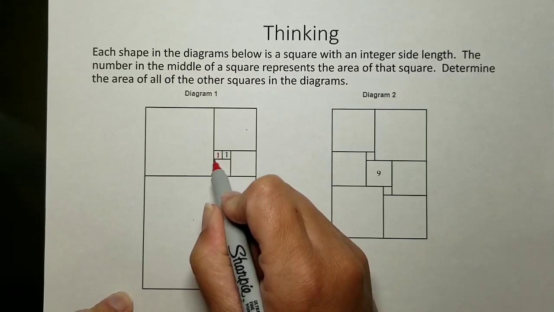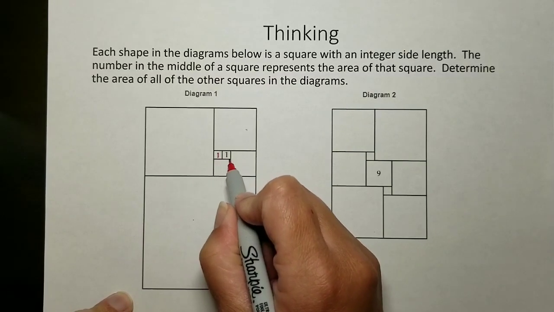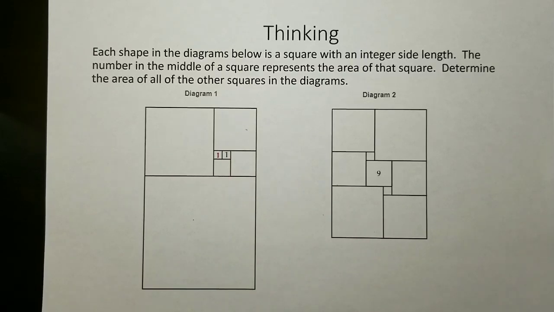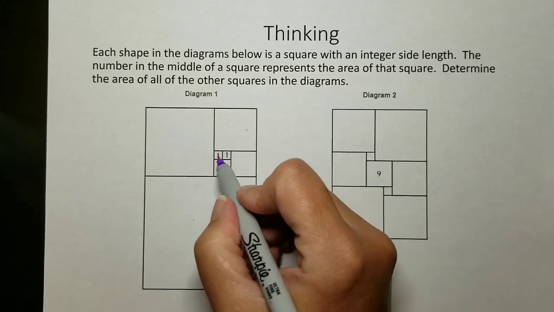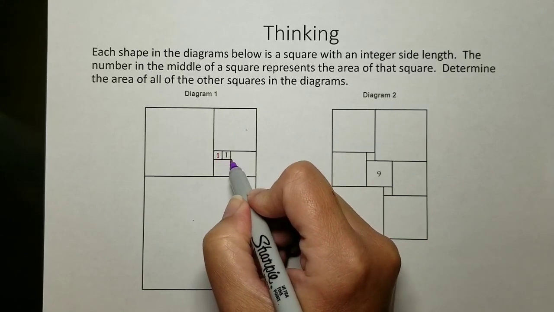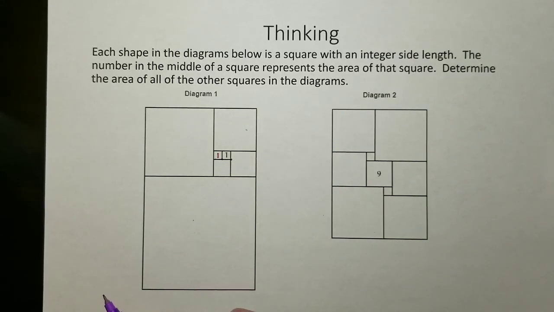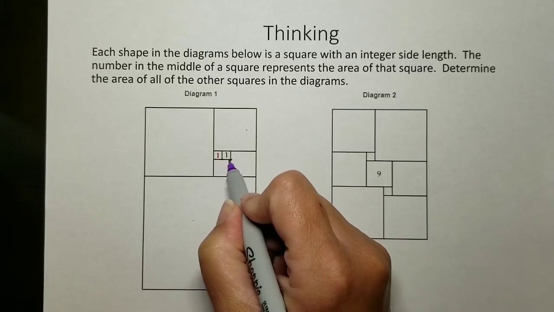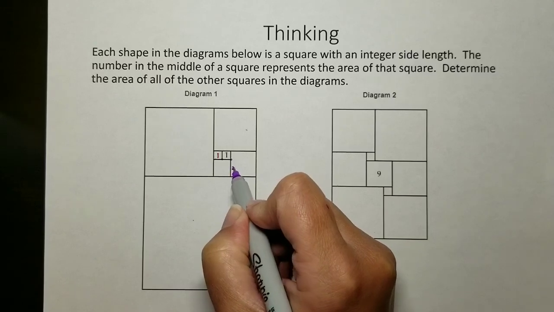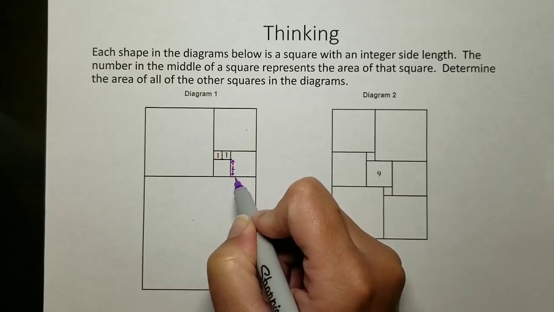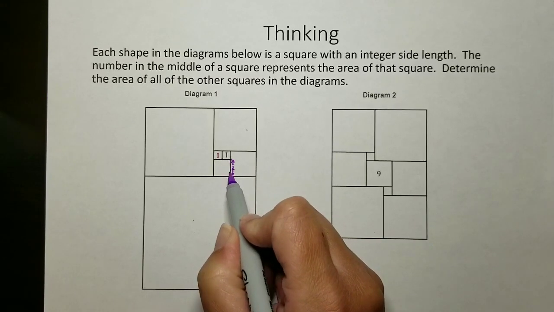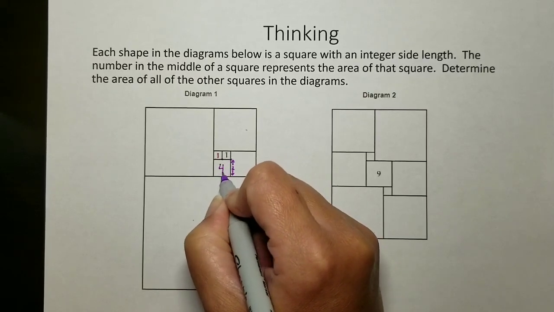So this square here, how far across is that measurement? That measurement there will be 1 from this square and then 1 from the next square, so that measurement will be 2. And all of these are squares, no rectangles. So if this is 2 and 2, that would be 2 there. Then that means 2 times 2 gives an area of 4.